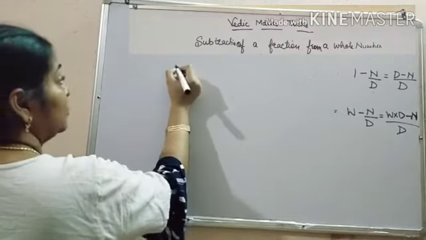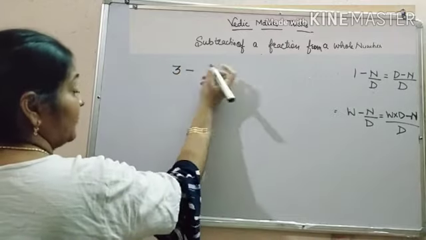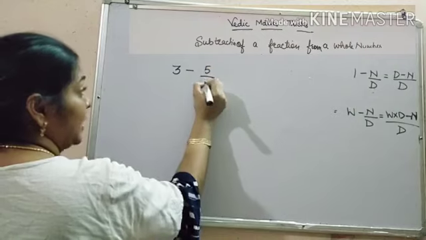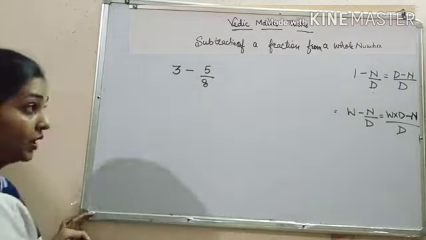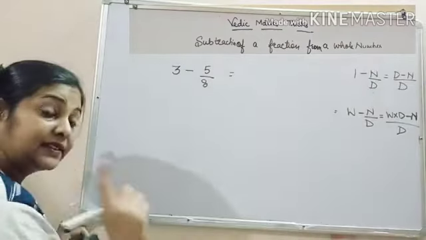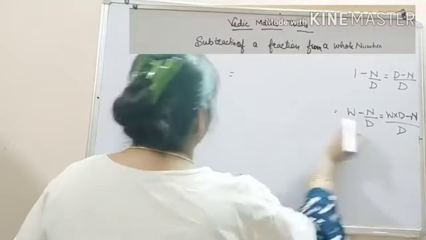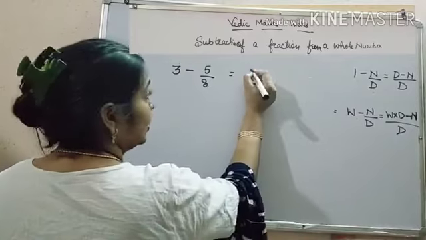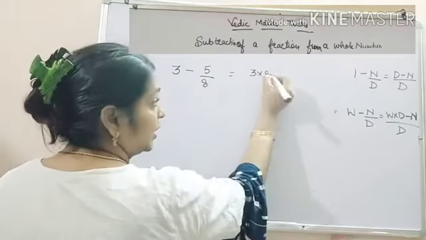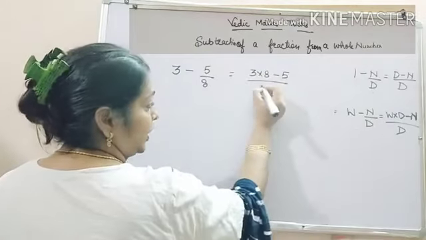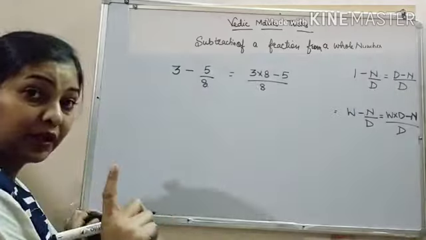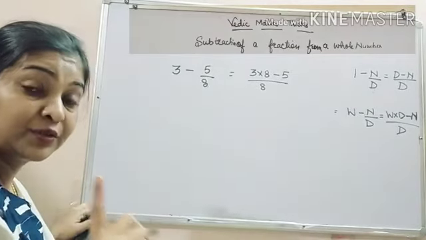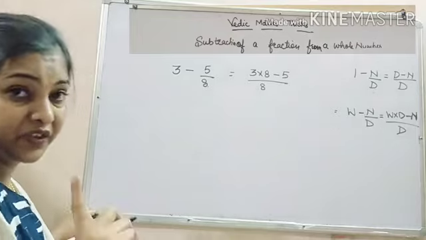Suppose I have to subtract a fraction 5 by 8 from 3. The procedure is exactly the same. Whole number minus numerator upon denominator. So it will be whole number into denominator minus numerator. But remember, in this case we can't use the concept of mixed fraction.